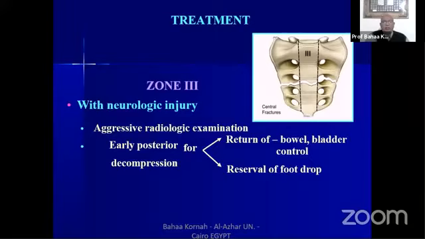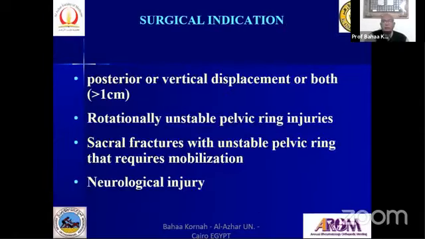Aggressive radiological examination is very important to confirm your diagnosis, and early posterior decompression for return of the bowel and bladder control and recovery of the foot drop. Surgical indications are always posterior or vertical displacement or both, displacement of more than 1 centimeter, rotationally unstable pelvic ring injury, sacral fracture with unstable pelvic ring that requires mobilization, and neurological injury.